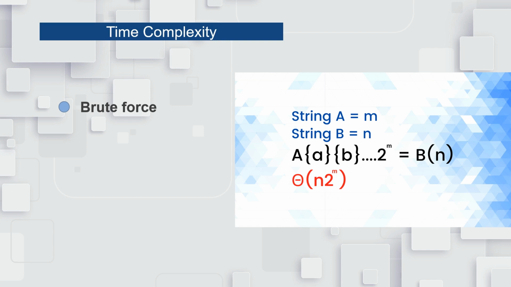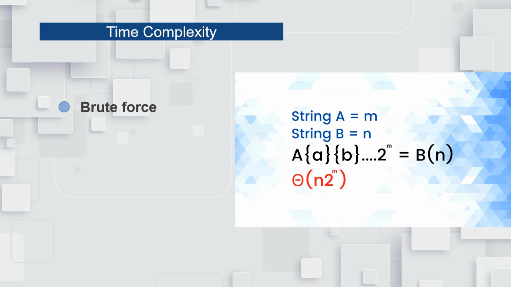You see, if we take all the subsequences of A, which is m length long, and compare them with n length long B, then we will be comparing 2 to the power m subsequences from A with n length long B sequence, which leads us to n into 2 to the power m time complexity. It is one of the worst time complexities we can get, an exponential time complexity. So we cannot approach in that method.